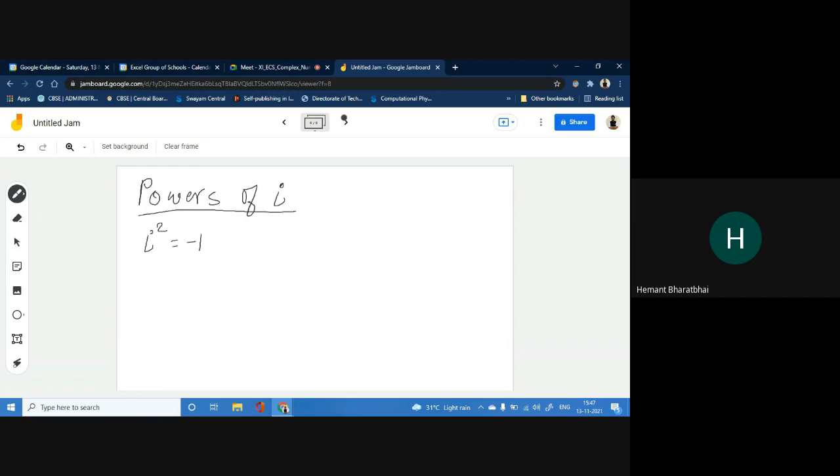Why? Because under root of minus 1 is i, therefore i square will give you minus 1. Now, suppose if I write i cube. So, this i cube will be nothing but i square into i. Now, i square is nothing but minus 1. So, this will become minus 1 into i, which is going to give me minus i.